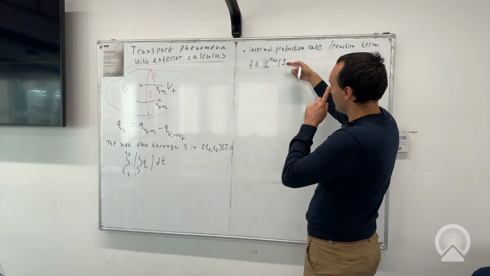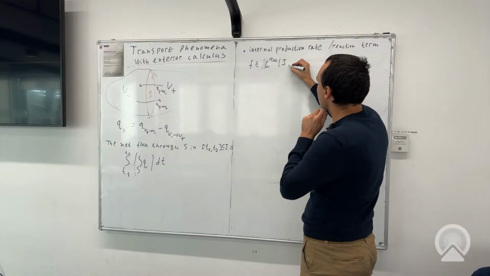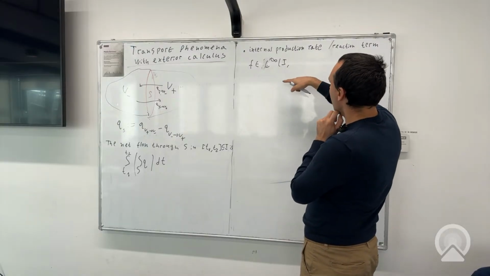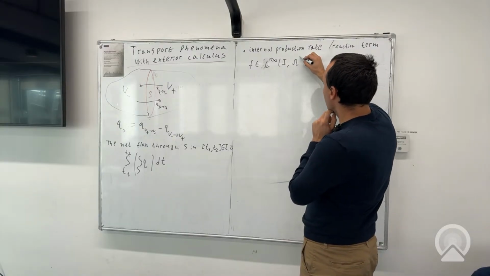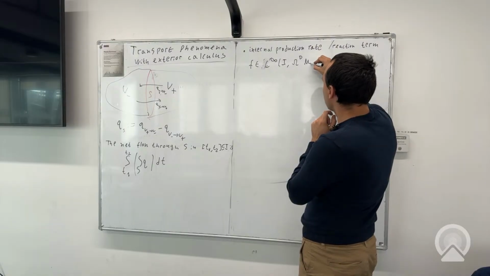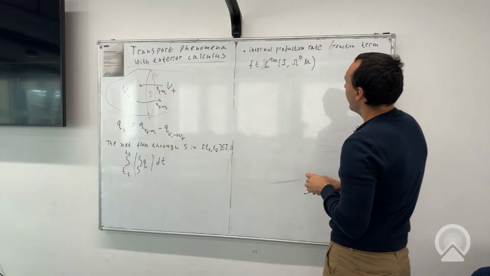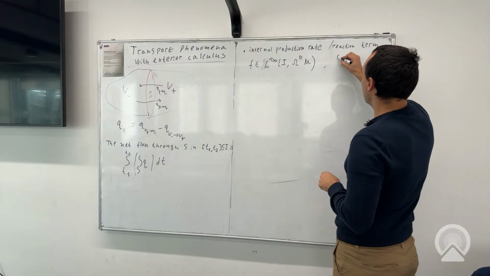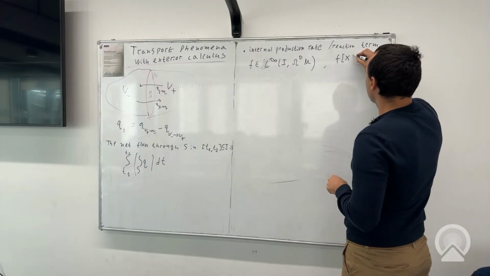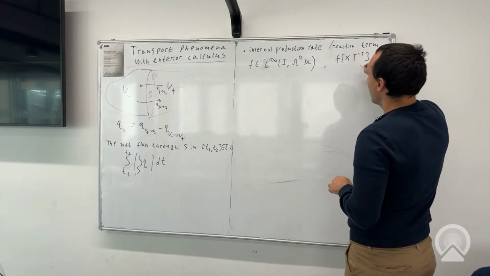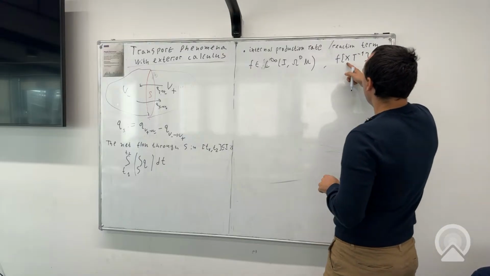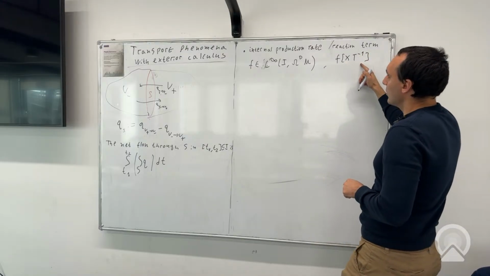For steady state, we do without the interval. It's a dimension again. So the amount divided by t to the minus 1.